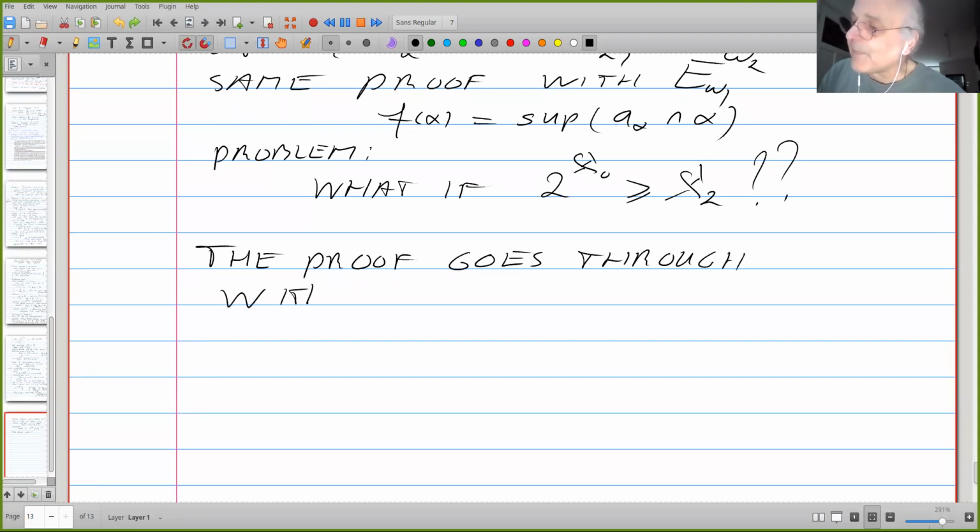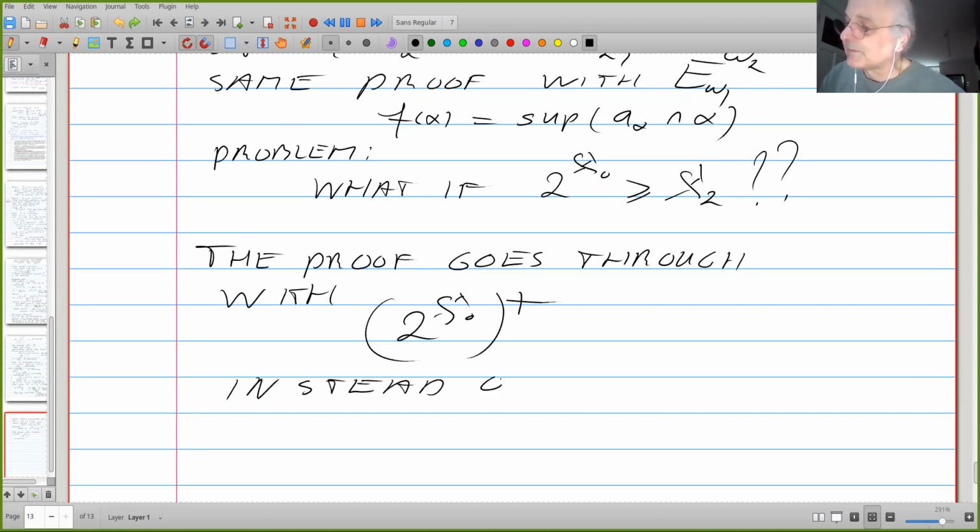With 2 to the aleph 0 plus instead of aleph 2. If you take continuum plus many countable sets, you take the ordinal 2 to the aleph 0 plus, so the cardinal successor of 2 to the aleph 0. You do the same thing.